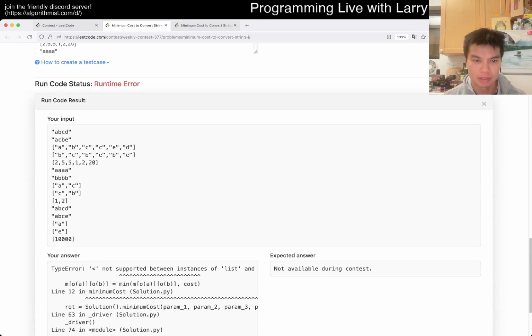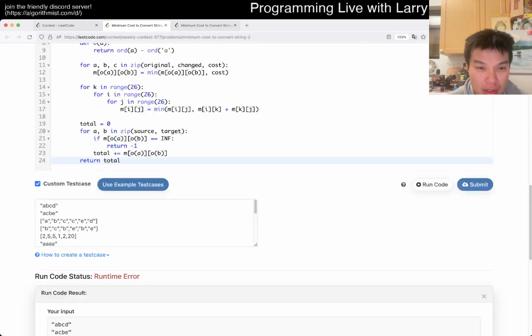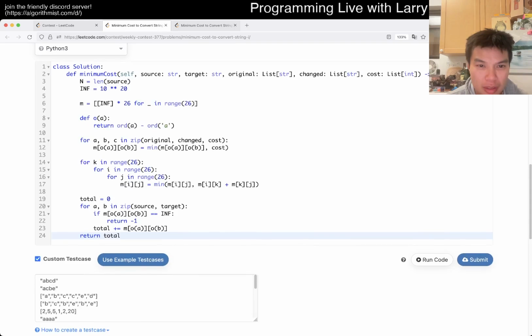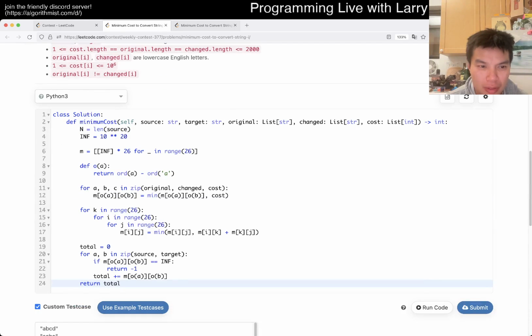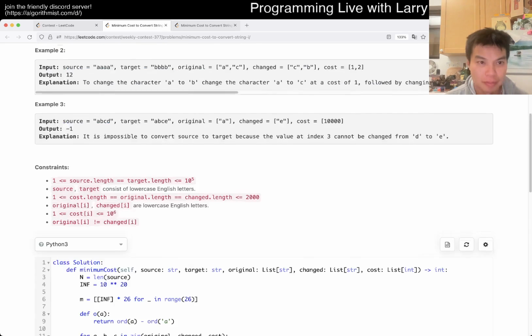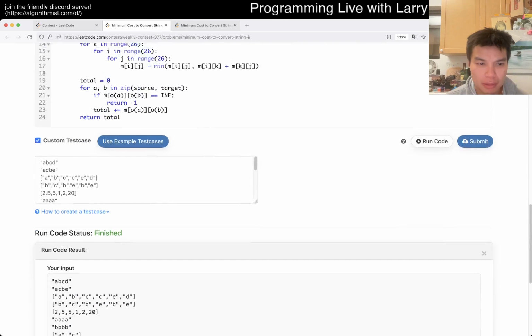Is this not a mod thing? C to B should be 3.